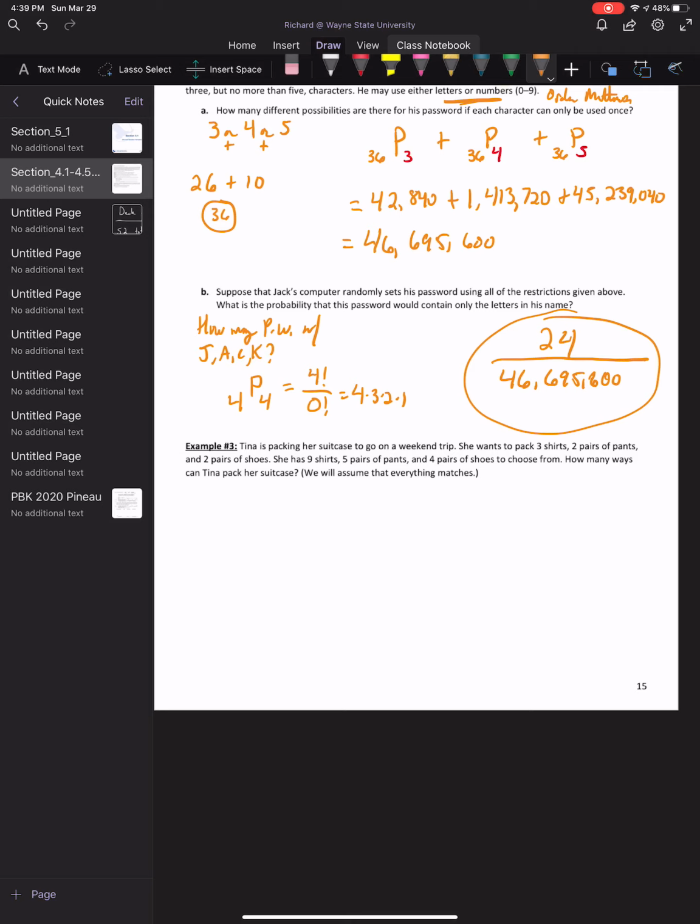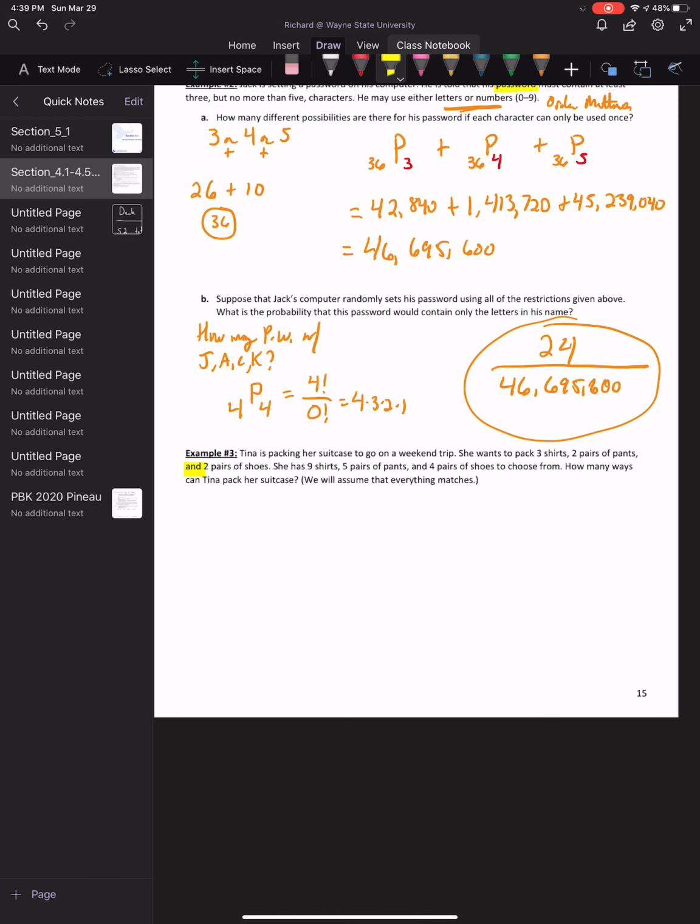All right, so in this case, what we have to consider is how she's going to be packing things. She wants to make sure to pack 3 shirts, 2 pairs of pants, and then there's a little word here. Everybody see that word? And. So she wants shirts and pants and shoes.